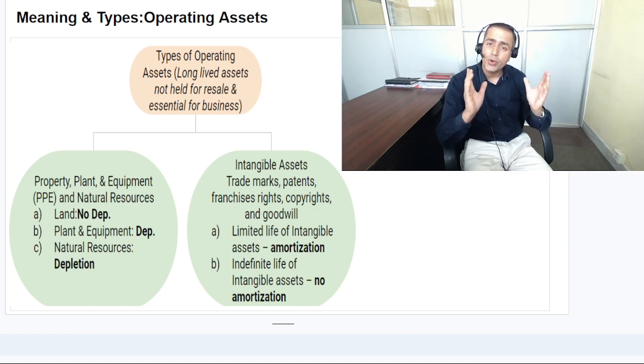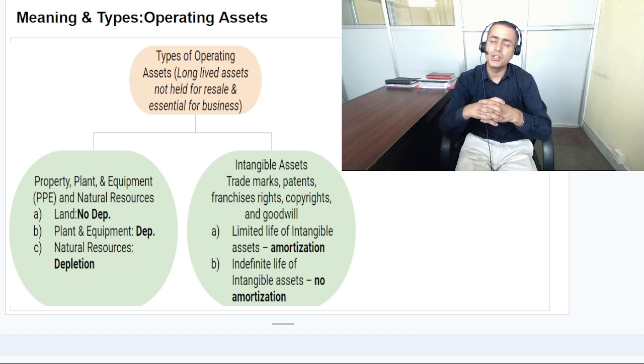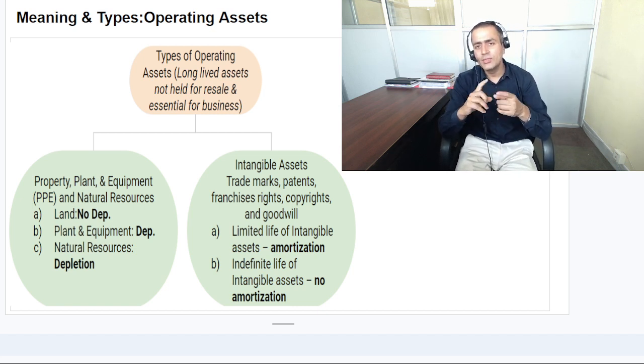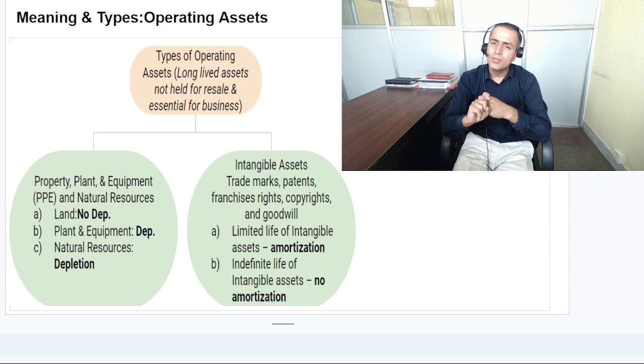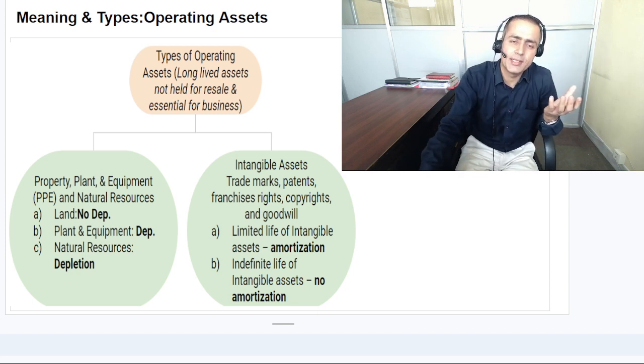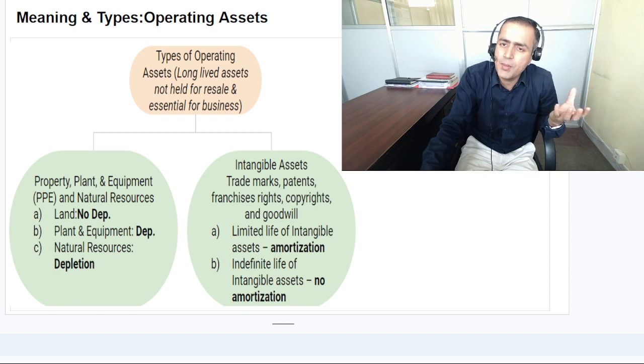But when you purchase a car just for your personal use, this will not be an example of an operating asset. Rather, it would be a non-operating asset. Those assets which contribute towards your business profitability can be termed operating assets.